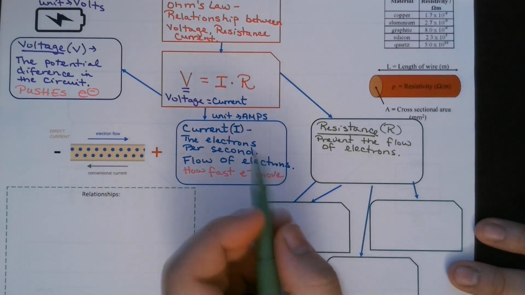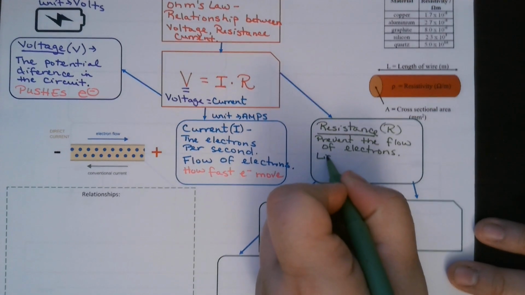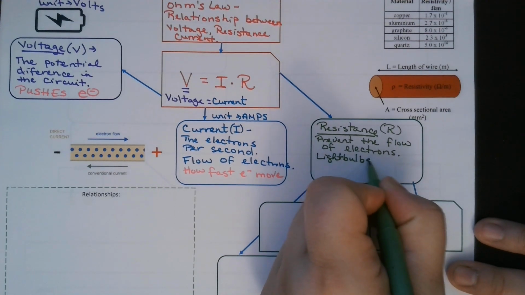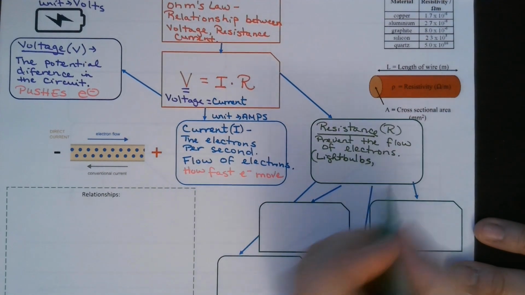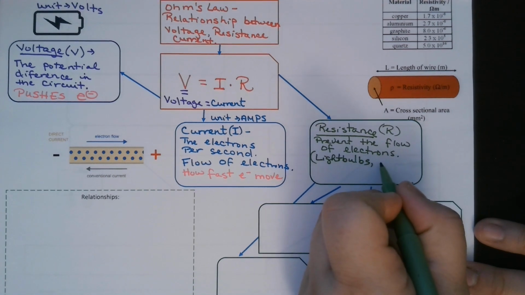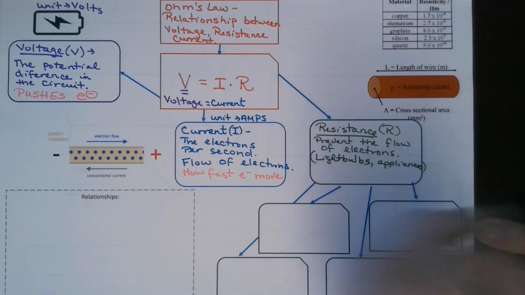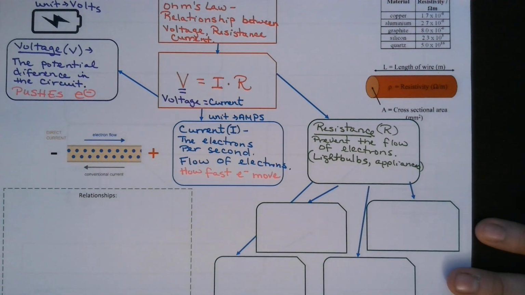Things that prevent flow of electrons are like your light bulbs. These are resistors. Appliances are resistors. And by appliances, I cover everything.